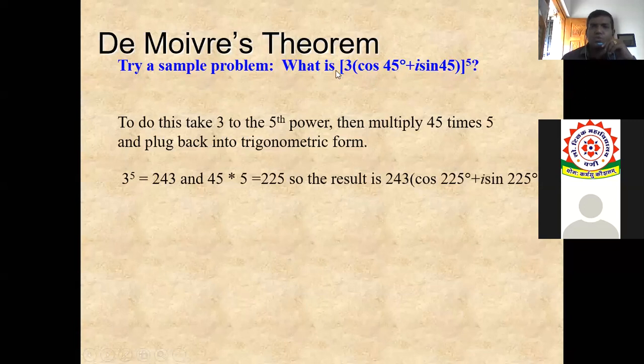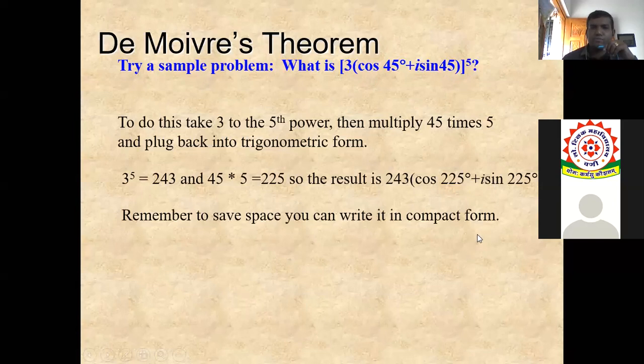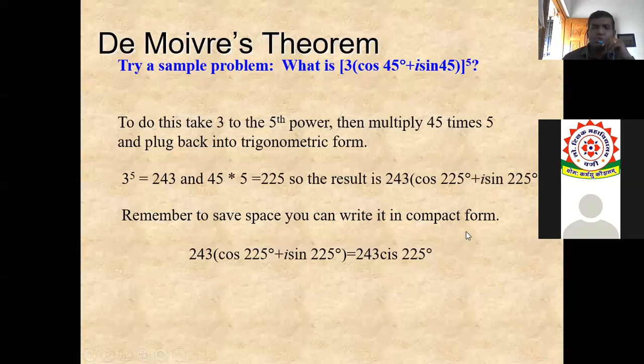So 3 to the power 5 and cos of 5 times 45 plus i sin of 5 times 45, that is cos 225 plus i sin 225. It can also be written as 243 times cis 225.